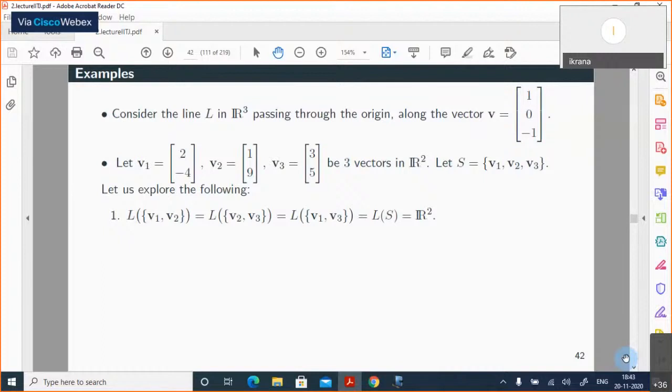Show that L of v1, v2 is the same as the span of v2, v3. Everybody try to show it in your notebook, and if you are able to prove it, say yes. Then I will ask you how you proved it.